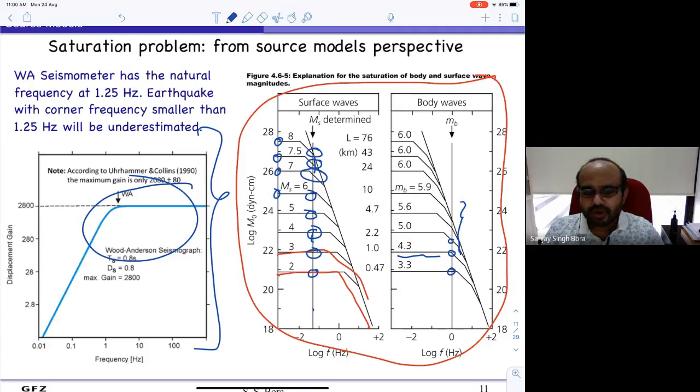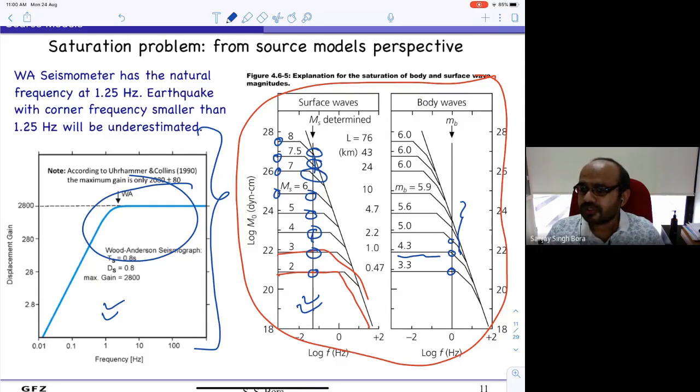Now all of you have to prepare one page, only one page answer. You can write in terms of some definition, some language, whatever physical inferences, but you have to show me by using this figure what is the problem, why ML is saturating.